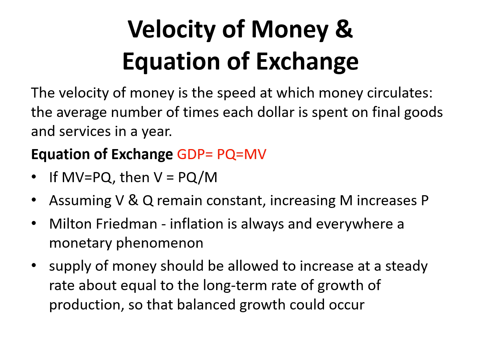The supply of money should be allowed to increase at a steady rate equal to the long-term rate of growth of production so that balanced growth can occur. For instance, if the long-term economic growth rate of the United States is 2.5%, simply grow the money supply at 2.5% to sustain full employment domestic output.